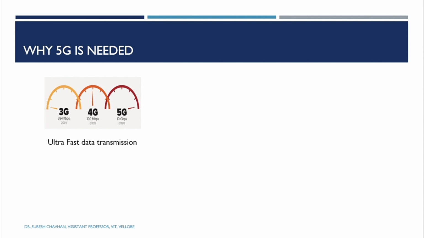In 4G we can download at most 100 Mbps from the internet or the server. And 5G provides 10 Gbps. Just think, even our hard disk won't have this much space.